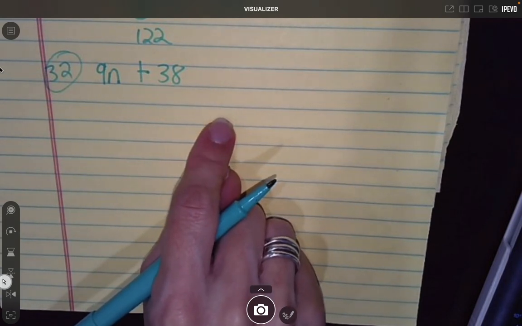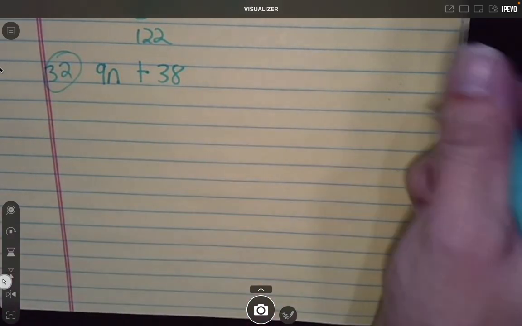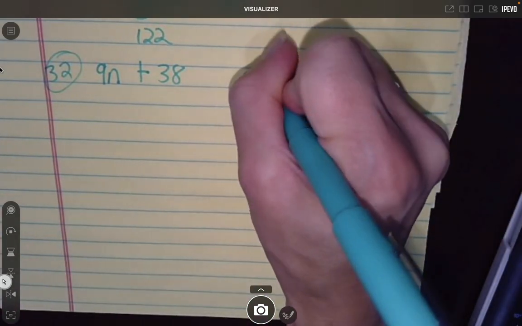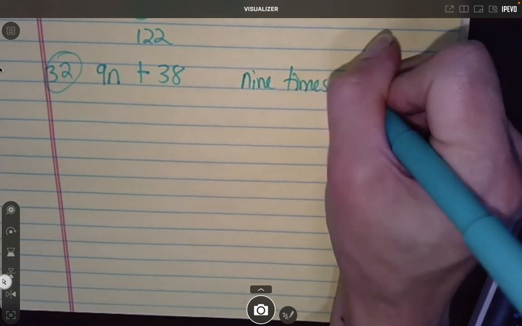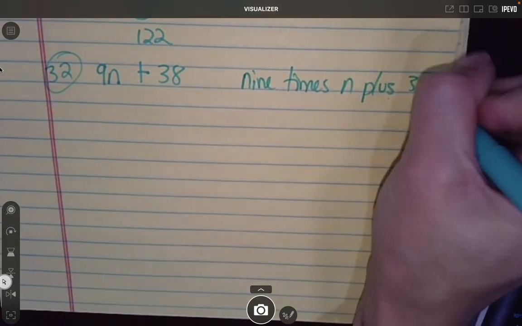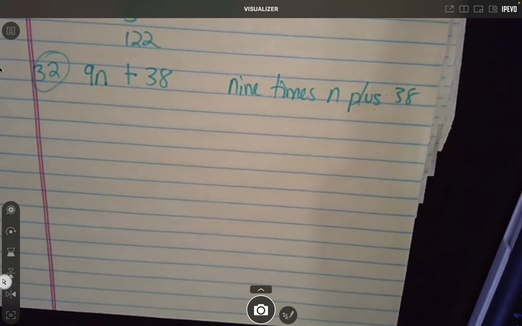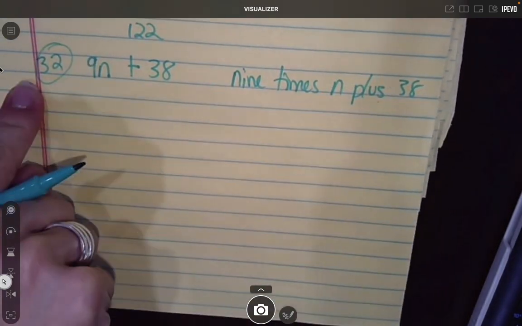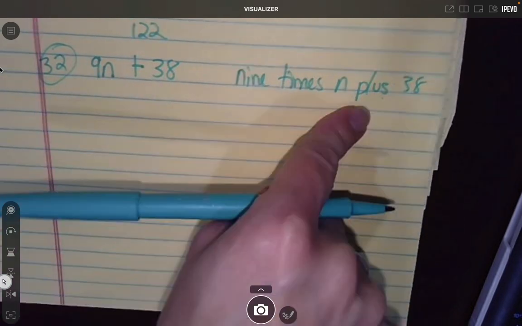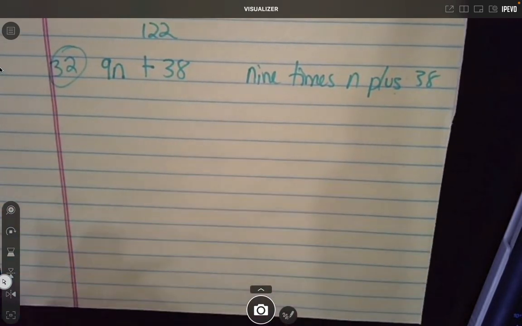Yeah. Or you could do 9 times the number n plus 38. But yeah, you'll have to write that out. You have to do both things. It says give the rule in words and an algebraic expression. Here's words, and here's an algebraic expression. So make sure you do both tomorrow.